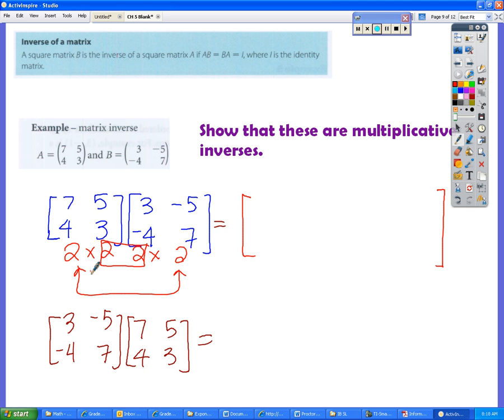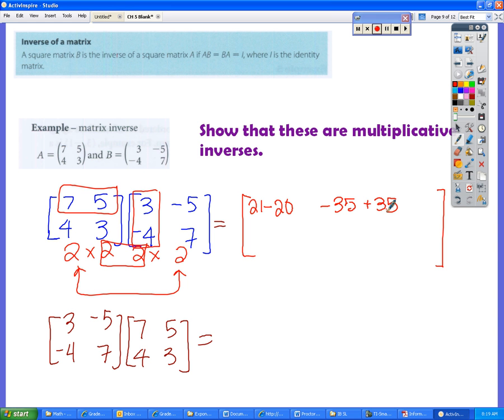So first row, first column would give me 21 minus 20. I'm just going to write them this way. First row, second column would give me negative 35 plus 35. Oh, that's kind of nice.